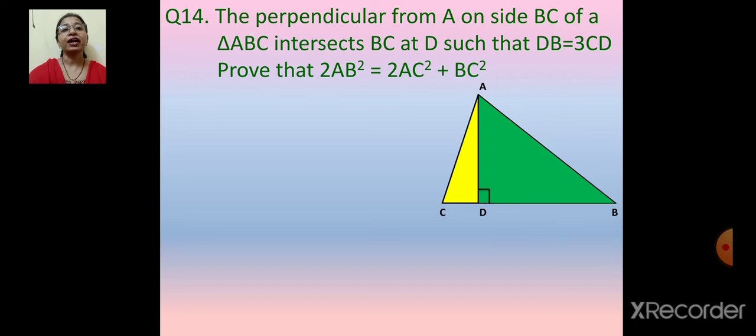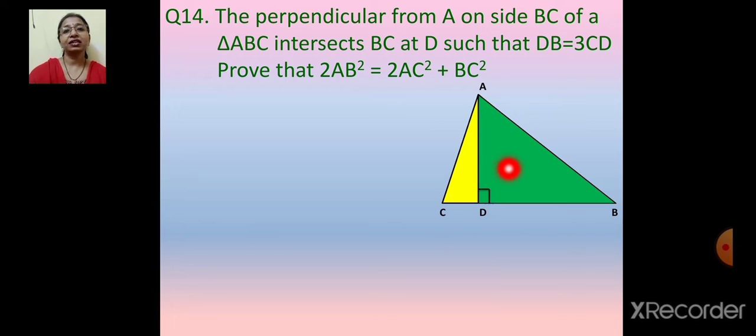Prove that 2 AB square is equal to 2 AC square plus BC square. Now observe this required expression very carefully. We want AB square, and to get AB square is not very difficult since this AD is perpendicular to BC. Because of this perpendicular segment, we have two right angle triangles here.